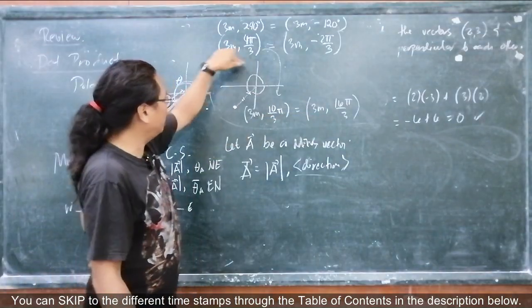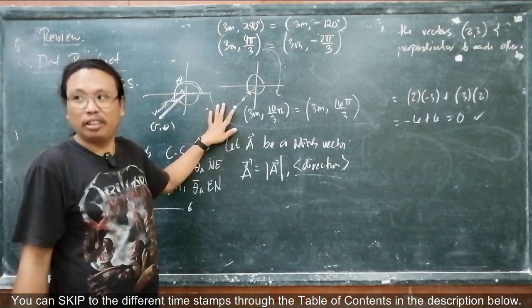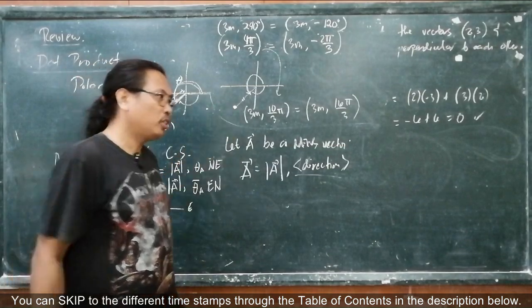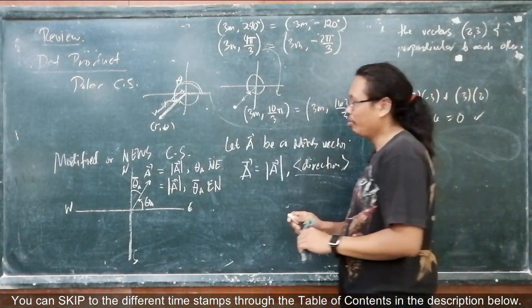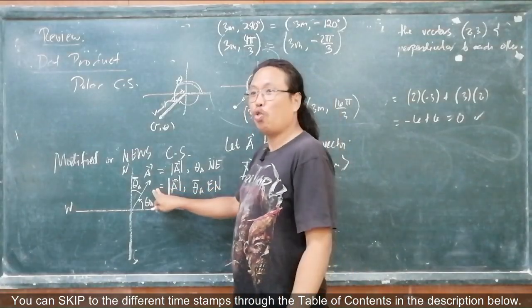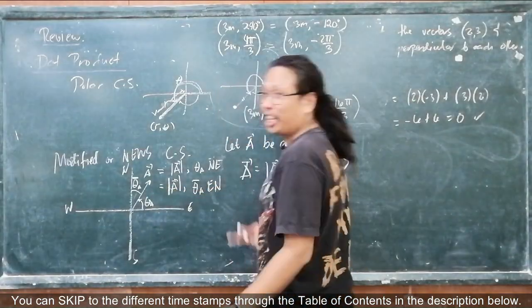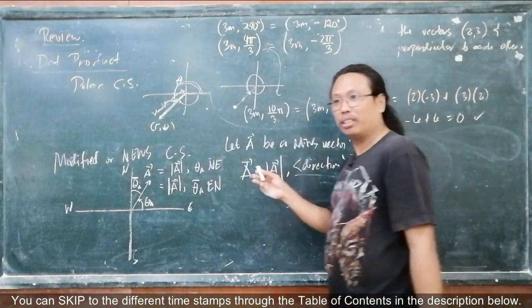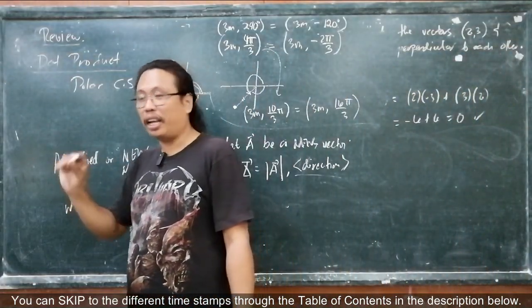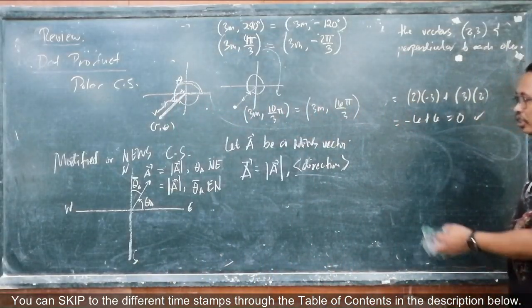How about this? There are 2 rotations before settling on this point. But of course, that would refer to the same point. So there are 2 ways to write it, so it's not unique. Unlike the Cartesian vector, which is unique. Did you get that? So the Cartesian vector is a unique way of writing it.